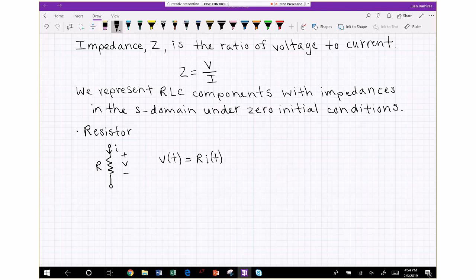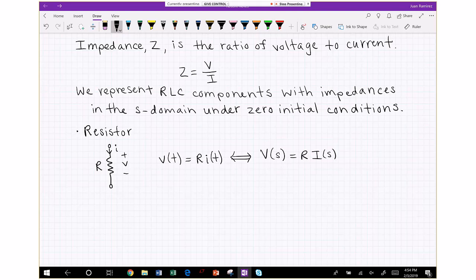So now what if we convert that into the S domain using what we just learned? The time varying voltage we just represent with a capital V for the S domain. R is a constant, so nothing's going to happen to that.